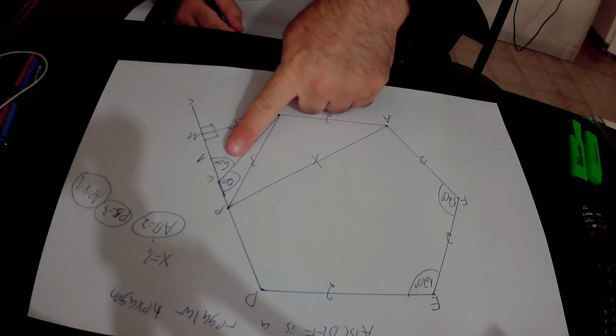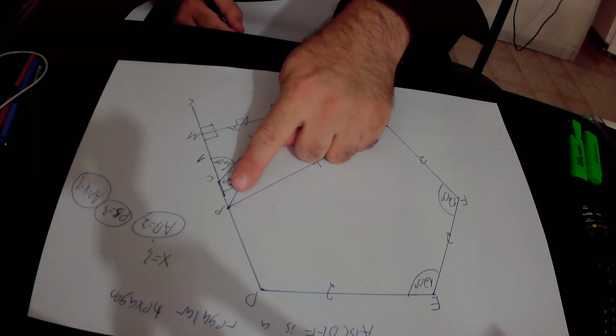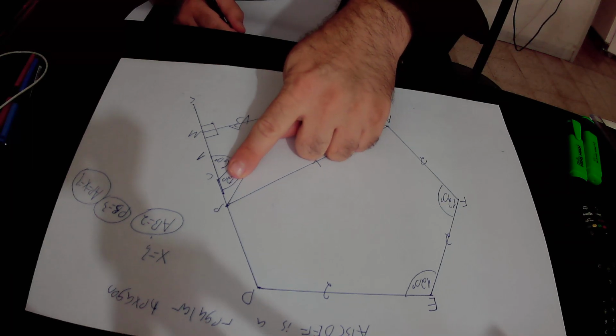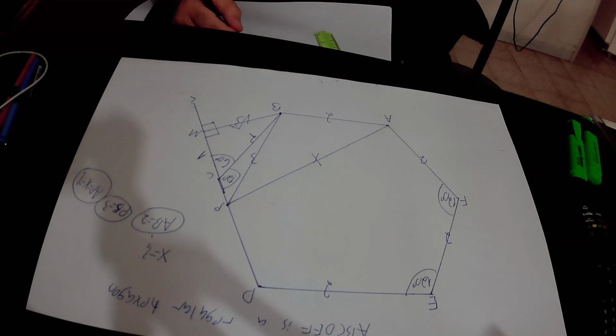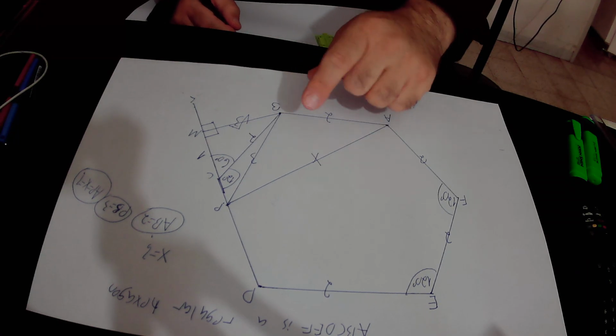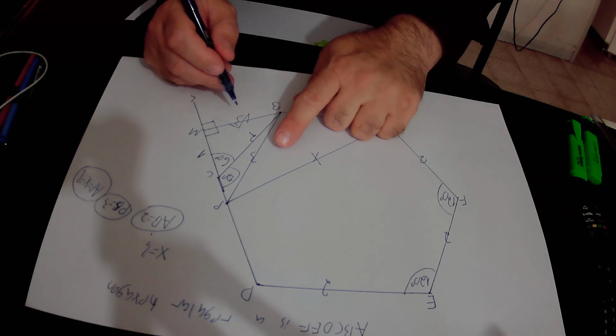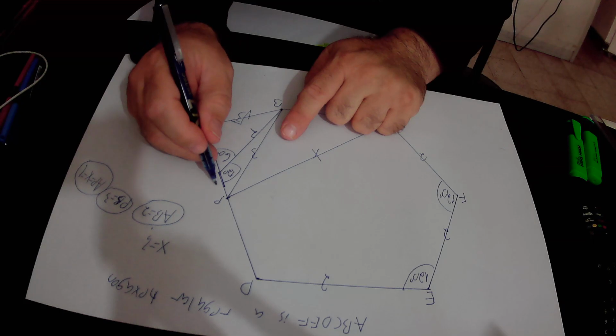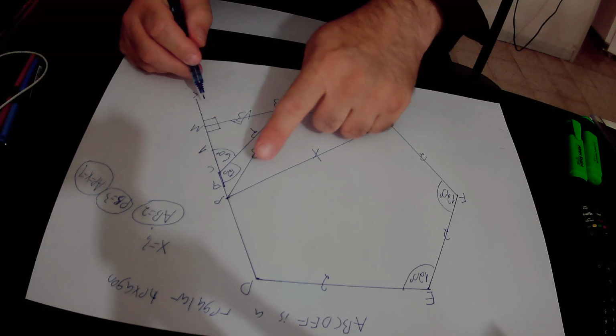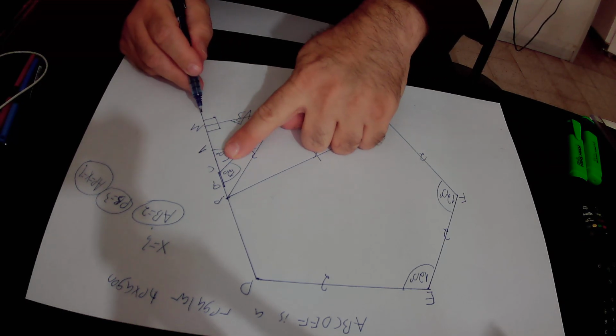CM equals 1 unit. We don't know the length of PC, so we will define line segment PC as A, and in total PM equals PC plus CM.